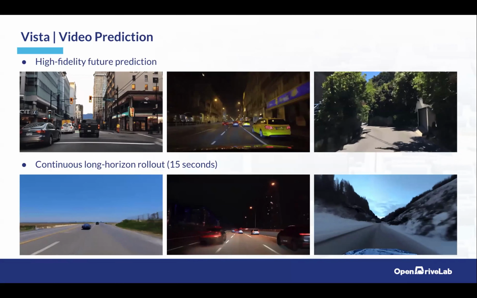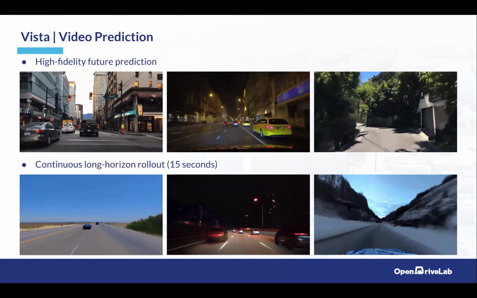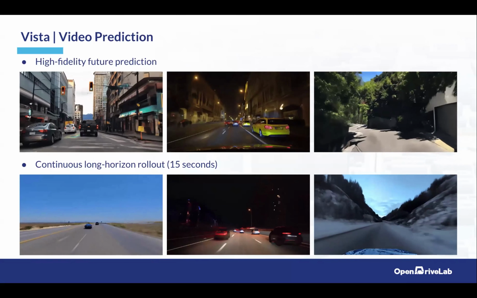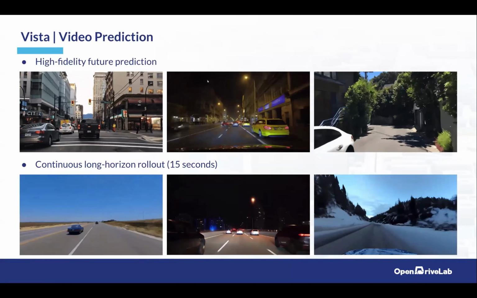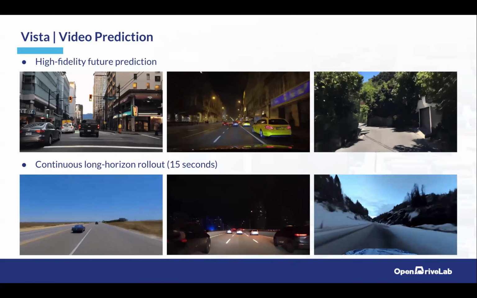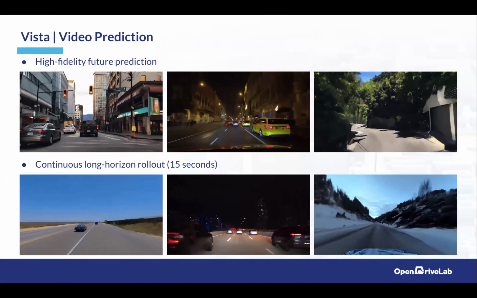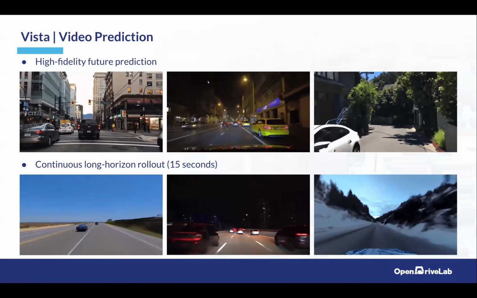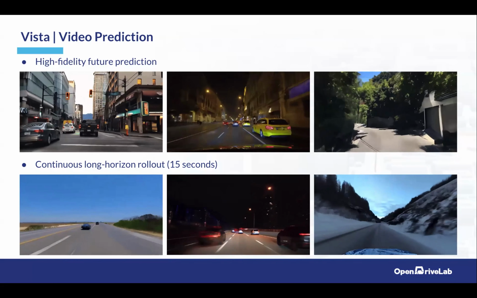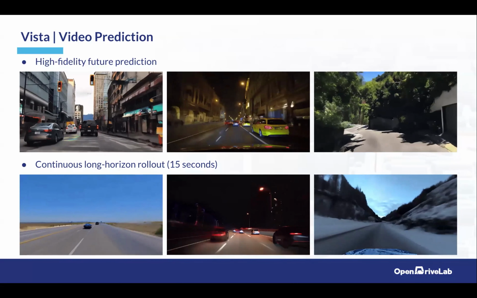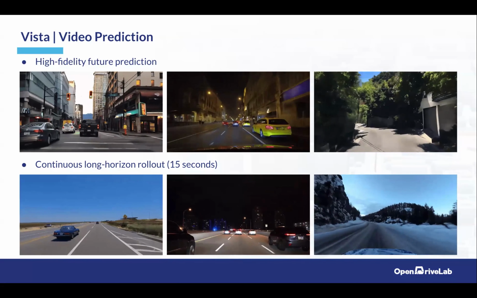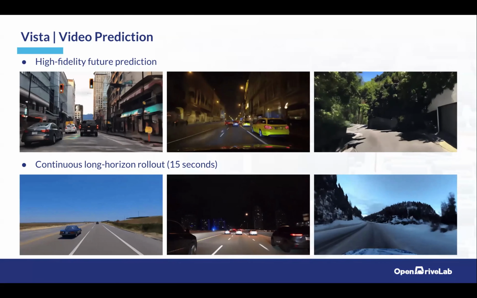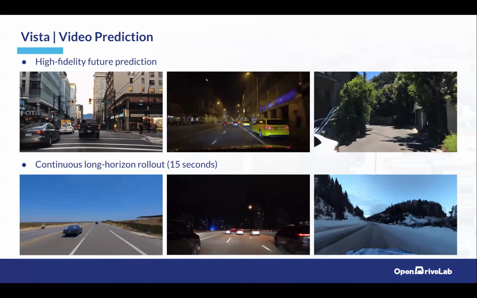Okay, here are some results, and I didn't put existing works' results here, only ours. Our model shows very high-fidelity future predictions with very high resolution, and we can also autoregressively condition on the generated frames to roll out very long-horizon videos. The most important part is our zero-shot action control.